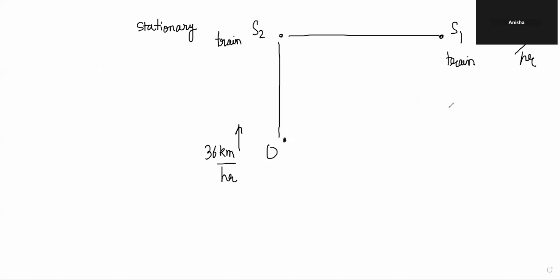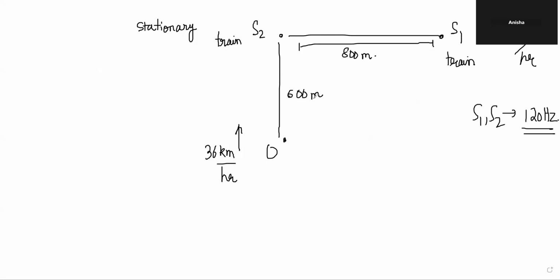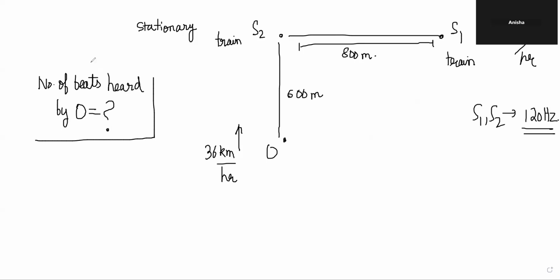Both the trains are blowing whistles of frequency 120 hertz. And when O is 600 meters away from S2, the distance here is 800 meters. You have to find the number of beats heard by O. Straightforward question if you understand Doppler's effect and basics, right? Try to do it.